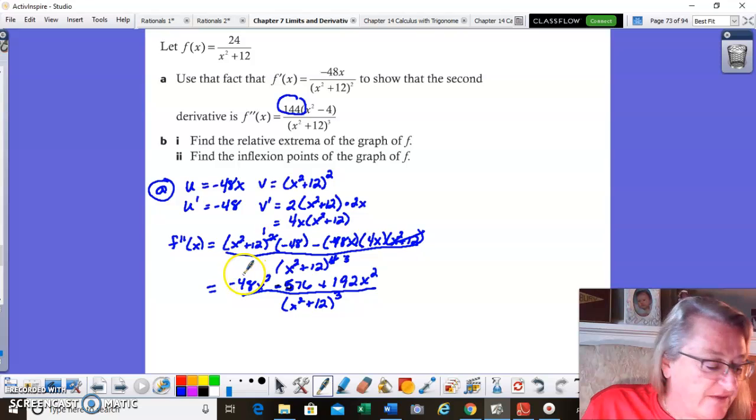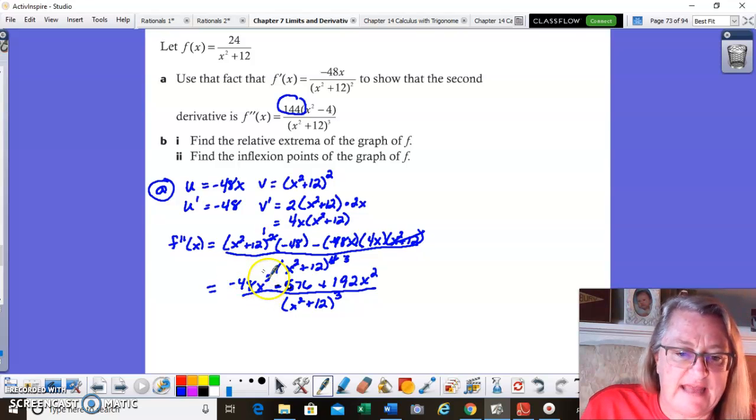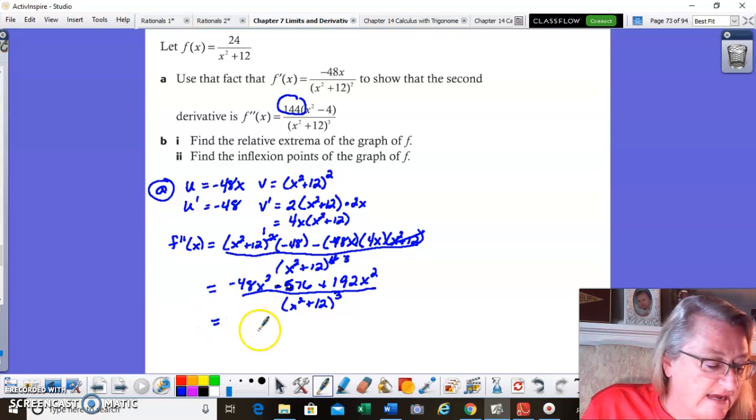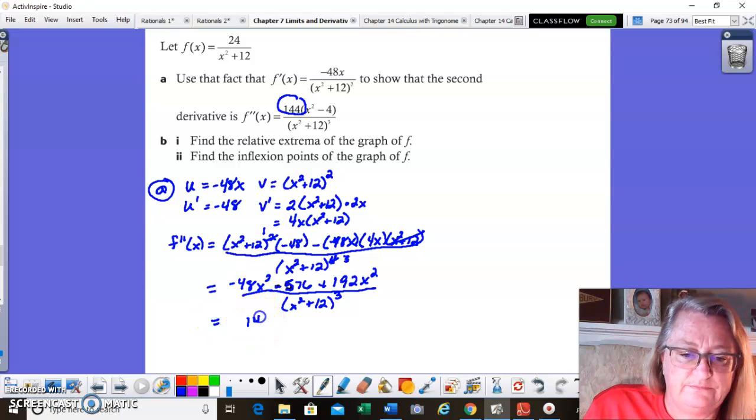And I start thinking about the fact that I can combine these x squared terms. And if I do that, I get 144x squared minus 576 in the numerator, and x squared plus 12 cubed in the denominator.